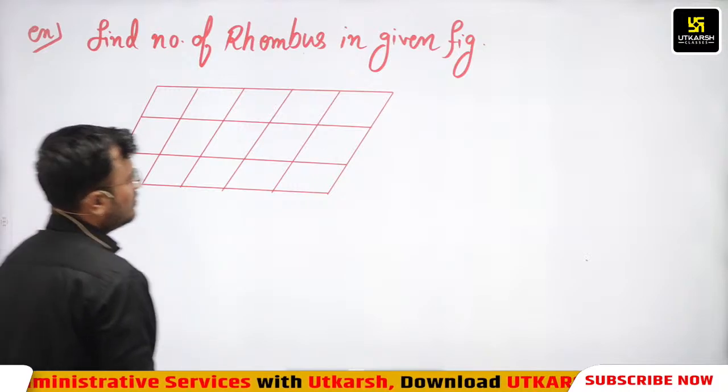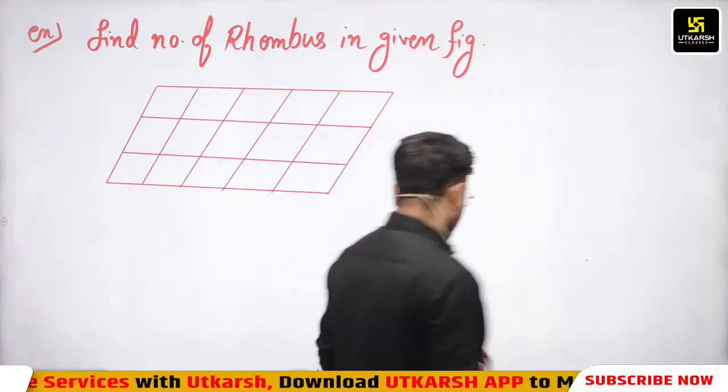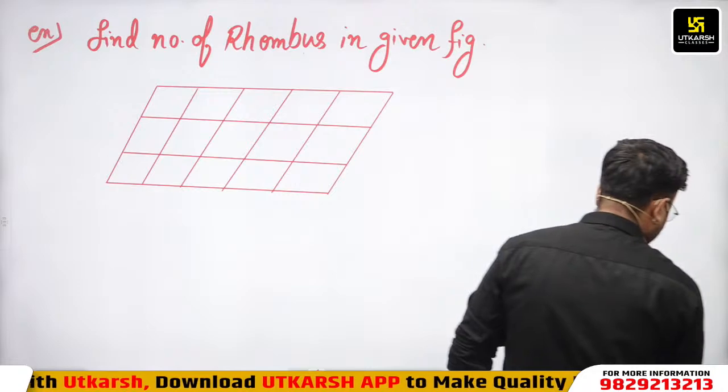So try to figure out how many rhombus are there in this given figure. I am giving you 90 seconds to figure out.